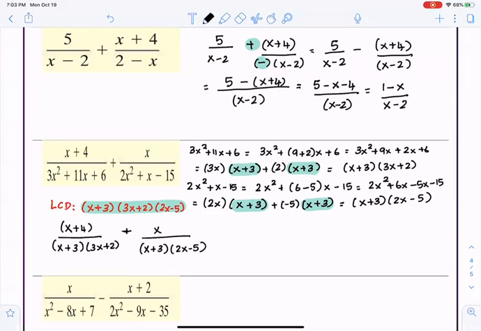So I'm going to multiply and divide by 2x minus 5 with the first fraction.